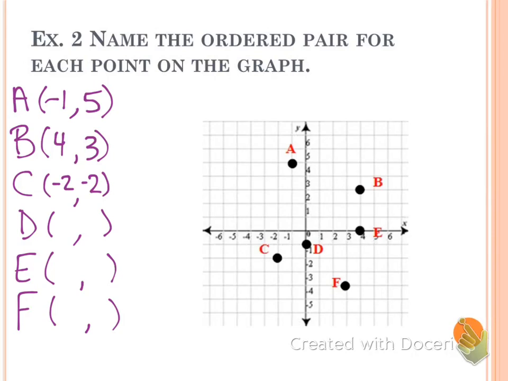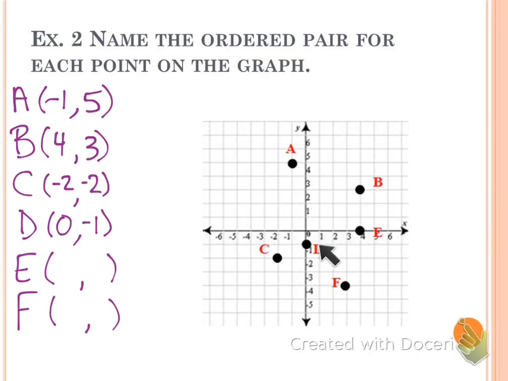All right, what about point D? Tariana? Is it on the y-axis? It is on the y-axis. That is not specific enough. We need to know exactly where it's located. Lexi? 0, -1. So if it's on the y-axis, your x-coordinate will be 0.